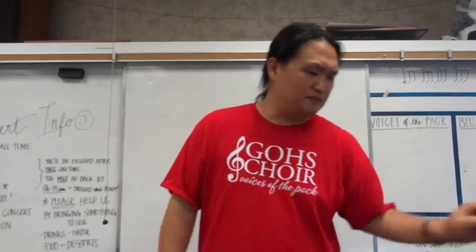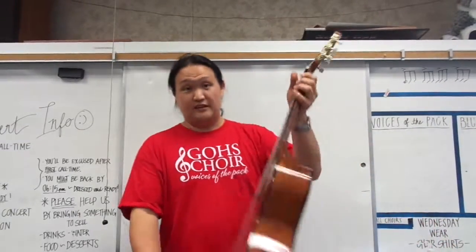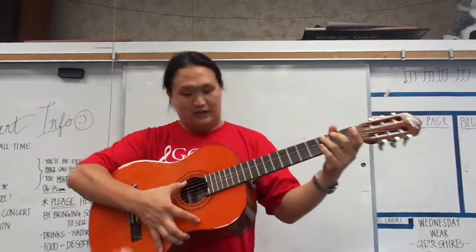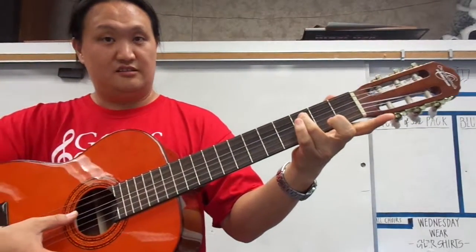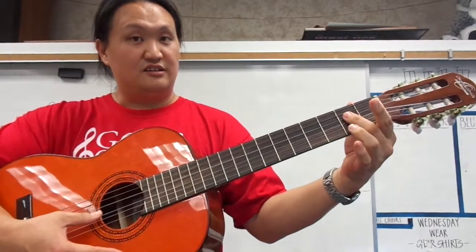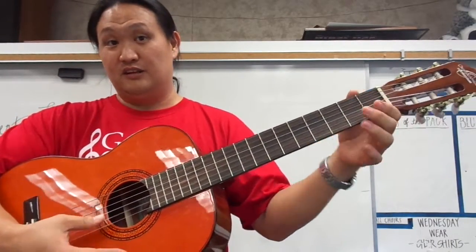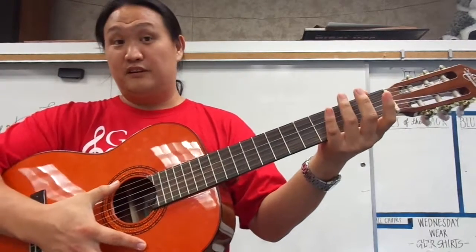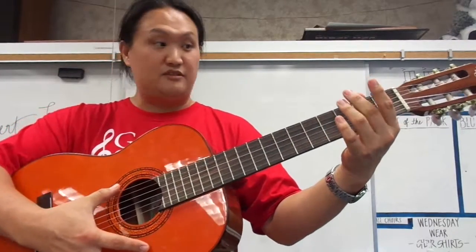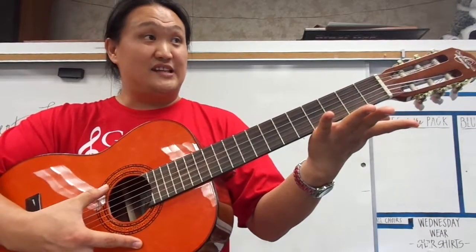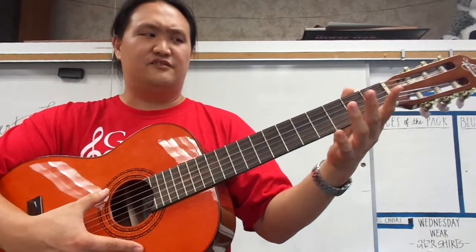So, if I'm playing on my guitar and playing a C major scale, I would start with a C: D, E, F, G, A, B, C. If I'm playing a G major scale, it's the same sound. I'm just starting at a different spot.